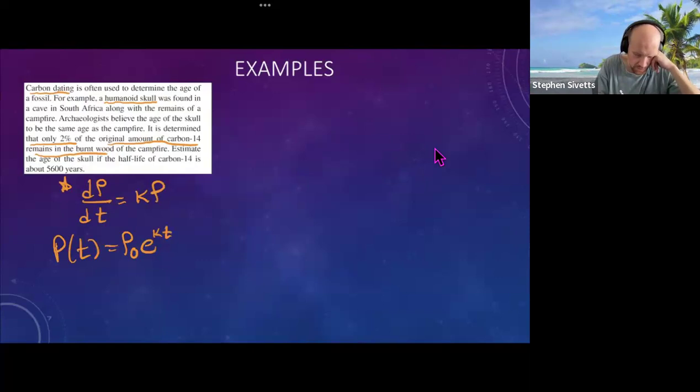And since we're dealing with carbon dating, the K variable is less than 0, right? So we want a decay rate, right? So what we now know is that the half-life of carbon-14 is 5,600 years. So we're going to use that to solve for K, right?